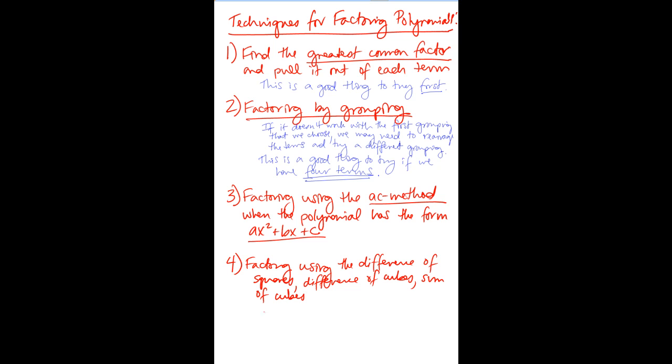Basically, if anything looks like a squared minus b squared, or if it can be rewritten to have that form, a cubed minus b cubed, or if it can be rewritten to have that form, or a cubed plus b cubed, if it can be rewritten to have that form, we want to look to see if it has one of these three patterns. Remember that a squared plus b squared is not one of these forms.